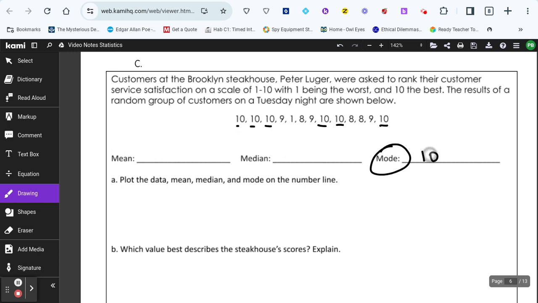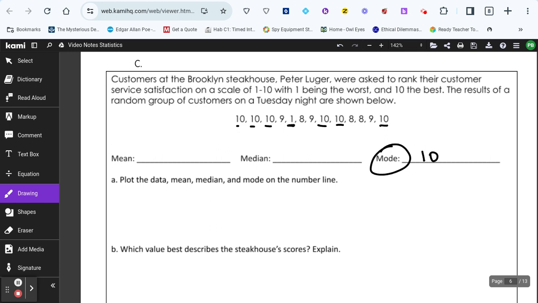I'll go ahead and put the mode as 10. It appears more often than anything else. I can tell you it won't be the mean because you have an outlier, 1. One person just felt like this restaurant was terrible, and it's going to drop the score significantly. When most people thought it was 8s, 9s, and 10s, high scores.